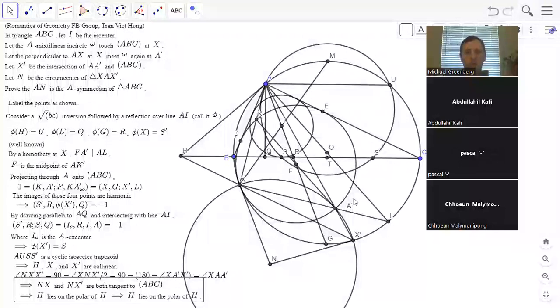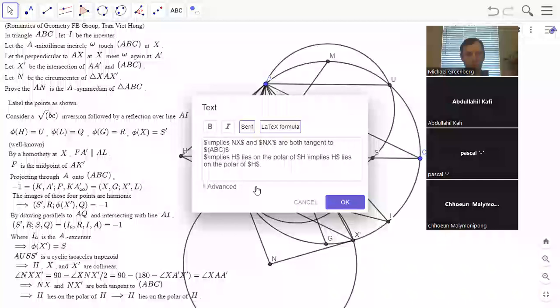And that means that AN is a symmedian, or, oh, I made them all H. What am I doing here? So H lies on the polar of N, which means that N lies on the polar of H, which means that AN is a symmedian.